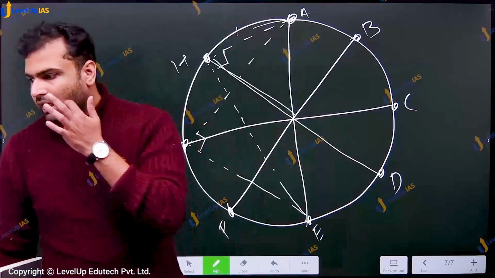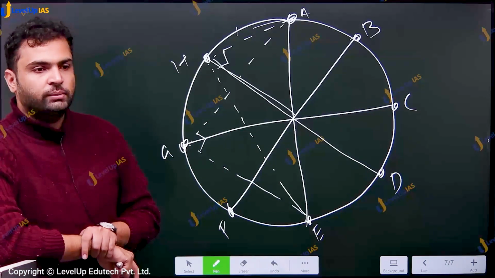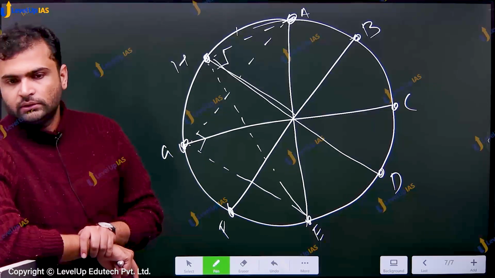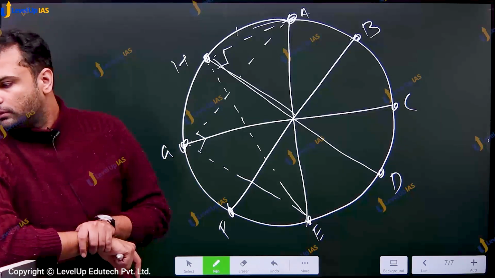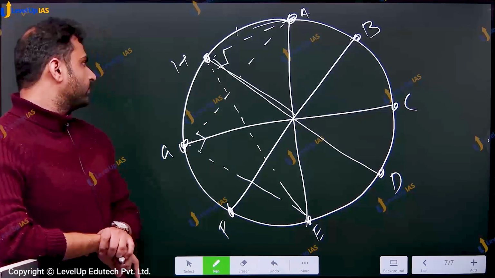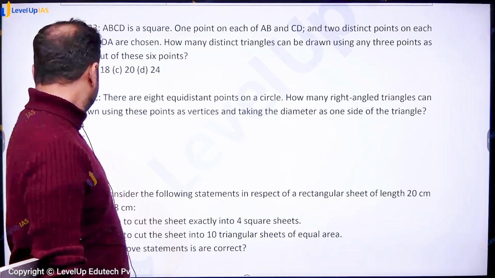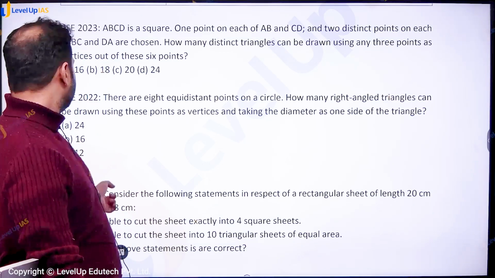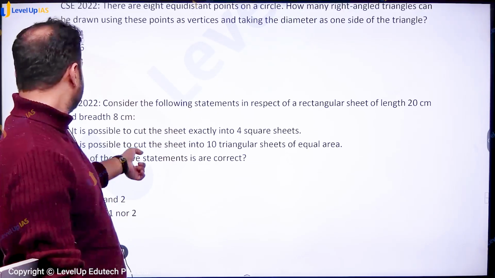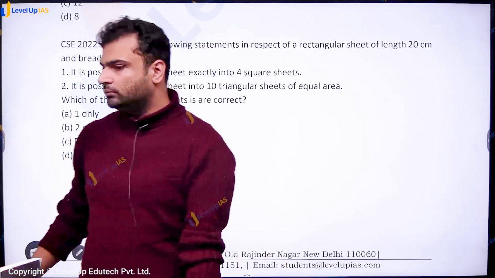So in total I have 6 into 4, 24 right angle triangles possible. Okay. Next question. Try the next question.